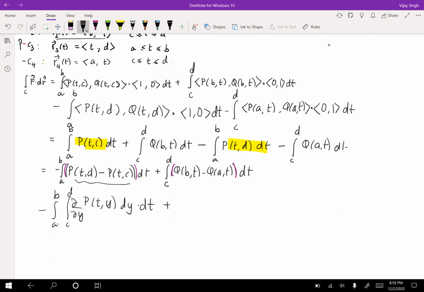And similarly for this guy here, if you look at the inside part, it can be written as the integral from A to B of the partial derivative of Q with respect to X. You integrate that with respect to X, you get Q, and then you put the limits from A to B, dt.